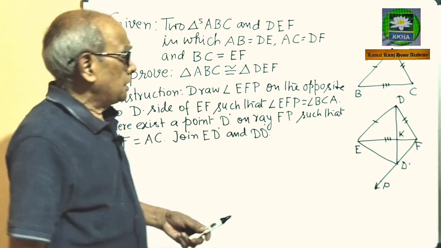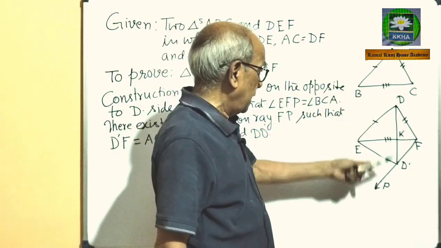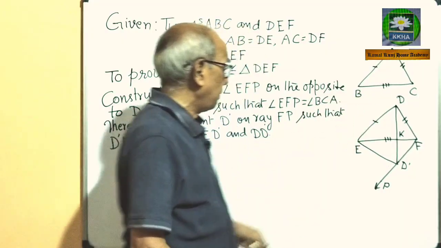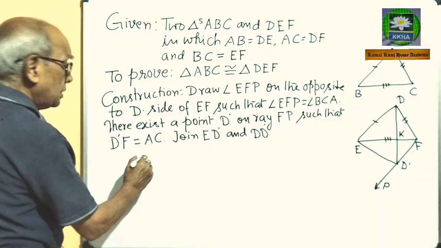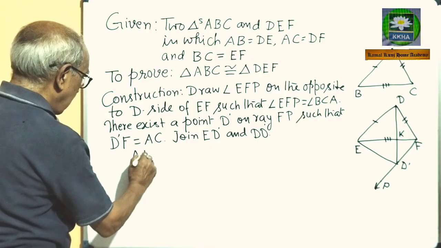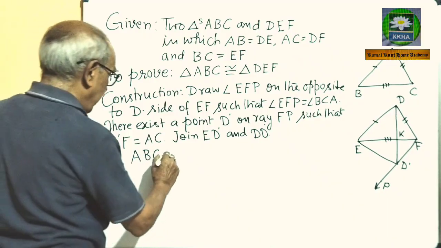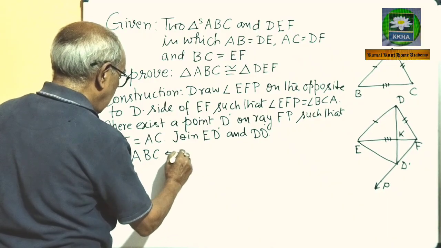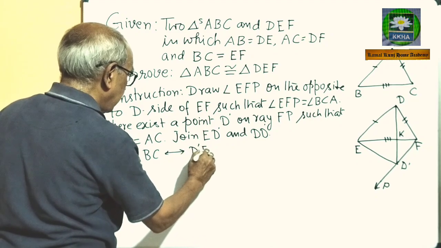Now let us consider one-to-one correspondence between ABC and D dash EF.